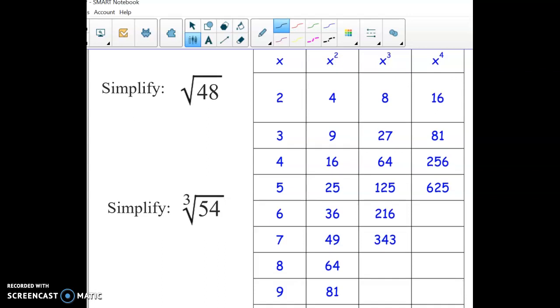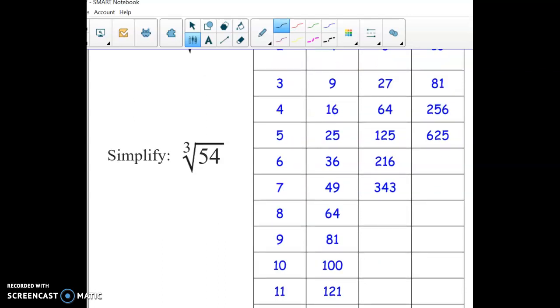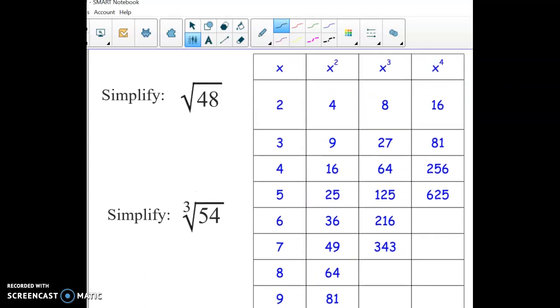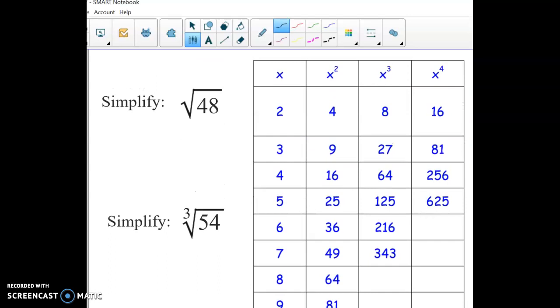Generally, I just make the table go up to 12 squared, and I think you don't need anything beyond that. There is occasionally an x to the fifth question, so I should add that. There's an x to the fifth. 2 to the fifth is 32.